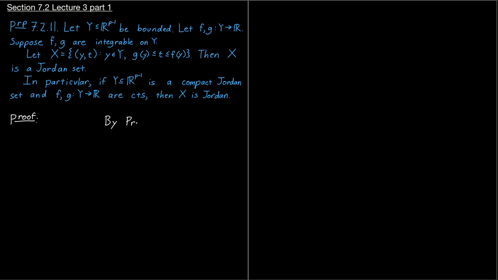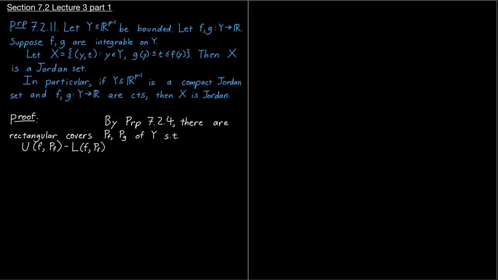By our favorite proposition for showing that things are indeed integrable, there are rectangular covers P sub F and P sub G of Y such that the upper sum of F over our first cover minus the lower sum of F over our first cover is less than epsilon.